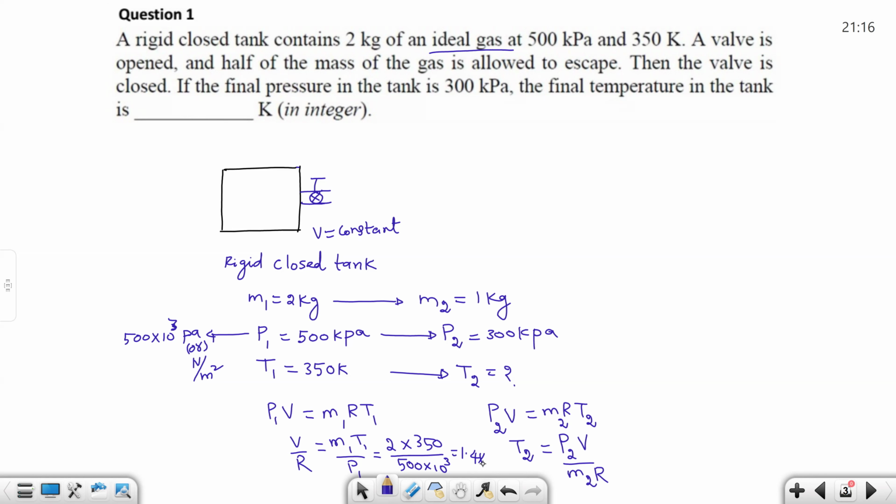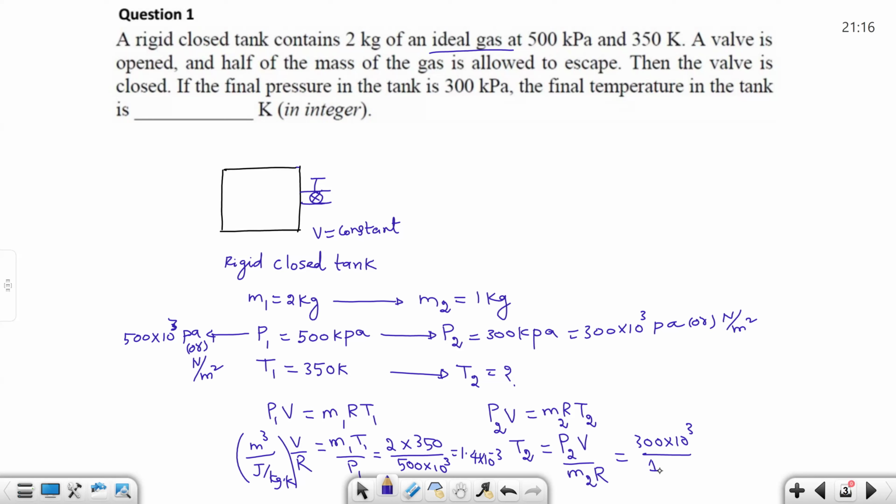So it is 1.4 into 10 power minus 3. This unit will be meter cube by joule per kilogram Kelvin. Now if you substitute, P2 is 300 into 10 power 3 Pascal, which is Newton per meter squared. M2 is 1 kg.